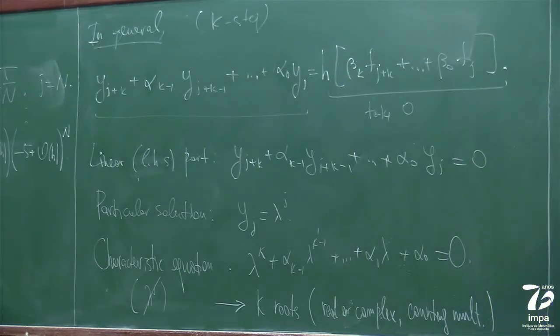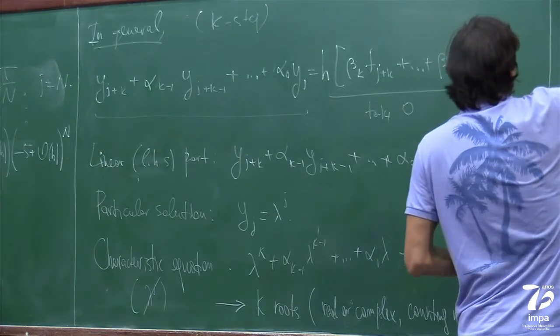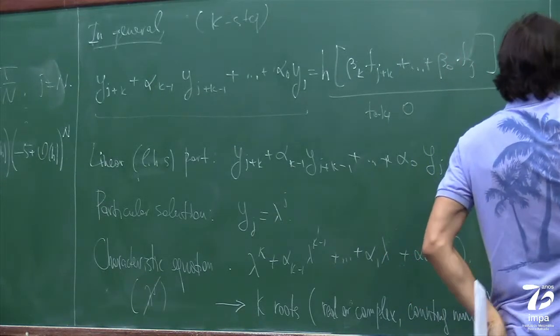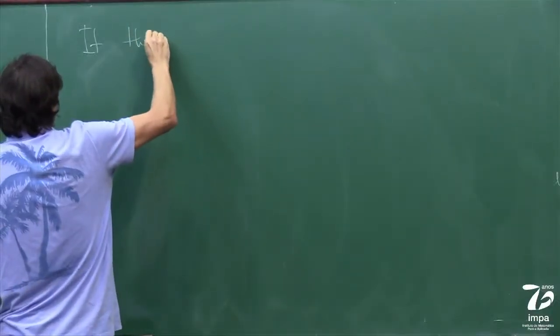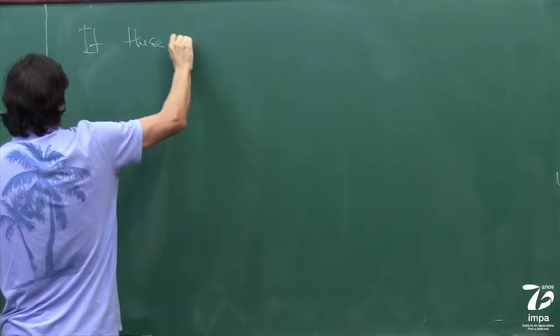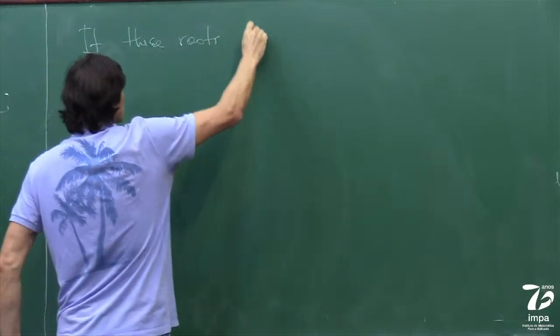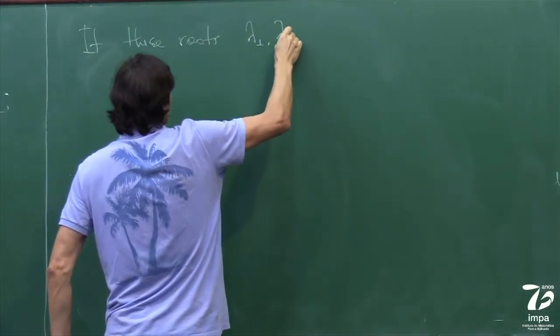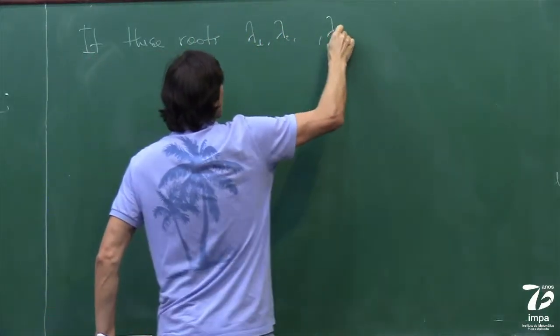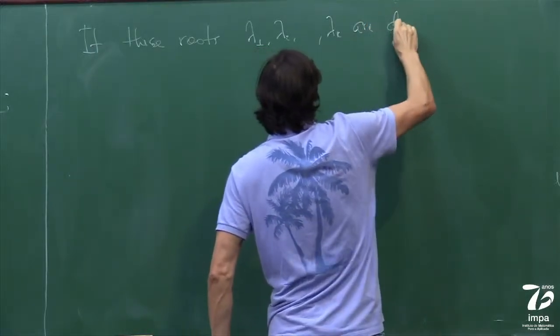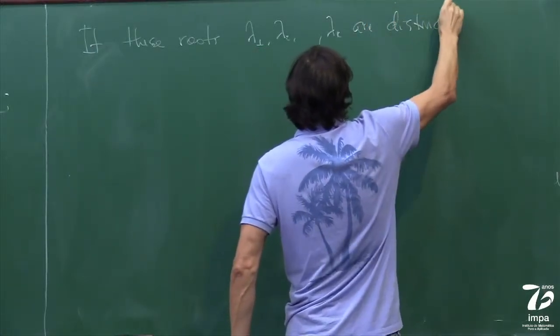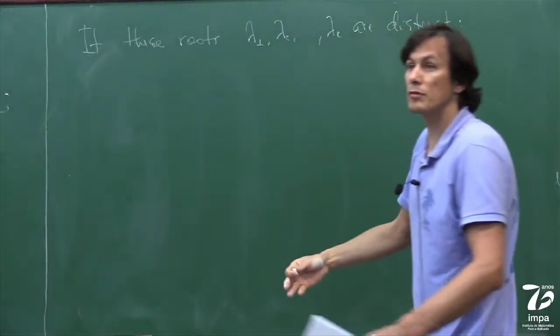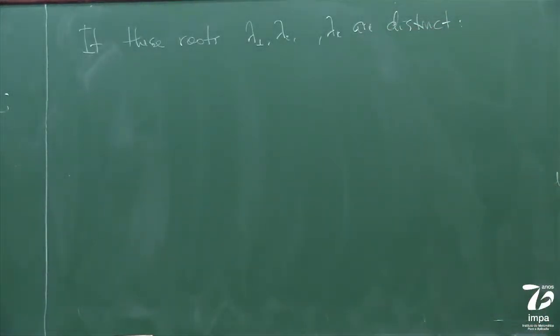So now, if these roots, which we have k of, are distinct, all of them different, then you have k different solutions.